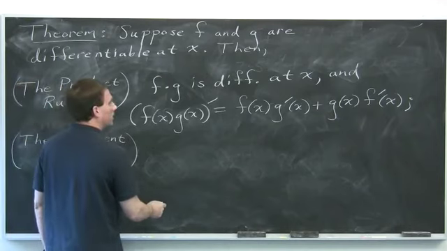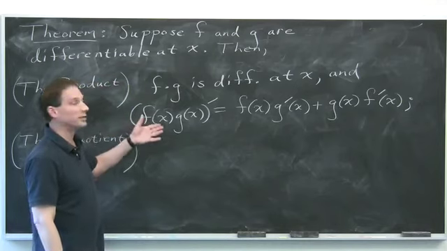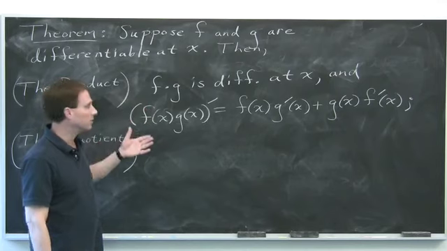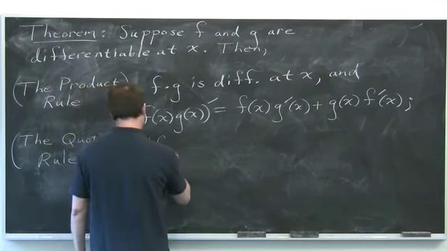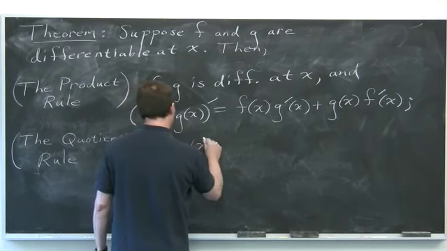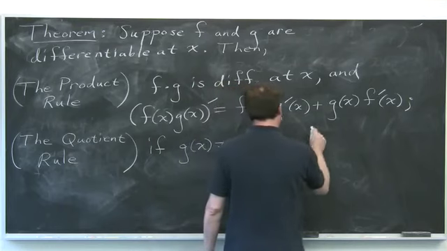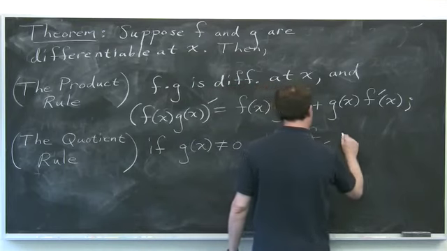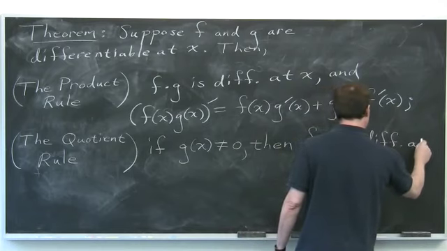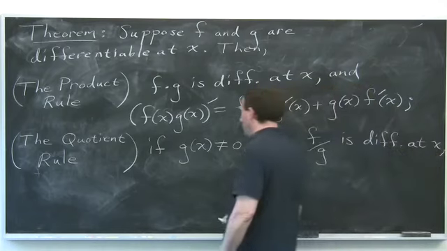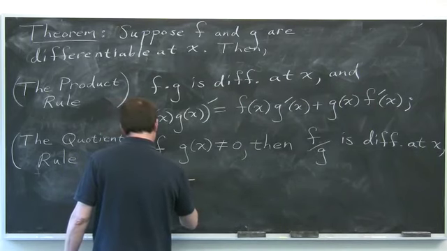Which says something about f divided by g. We certainly need g of x to not be 0 so that f over g is defined at x. So if g of x is unequal to 0, then f divided by g is differentiable at x. And its derivative, this looks significantly worse.